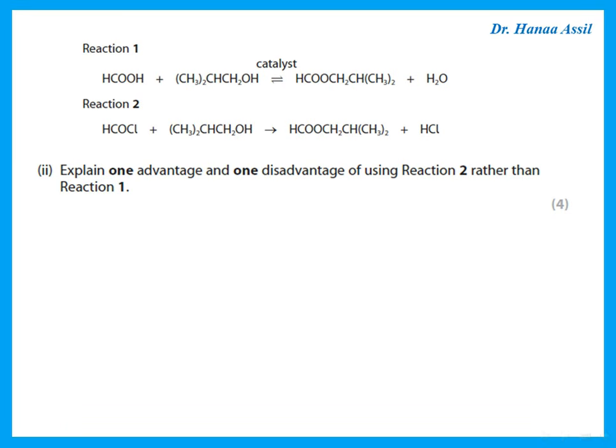Now, he's saying explain one advantage and one disadvantage of using reaction 2. Remember, in reaction 1, we're reacting the alcohol with acid to form ester. In reaction 2, we're reacting alcohol with acid chloride, so our acyl chloride. Why is reaction 2 better if I'm talking about advantage?